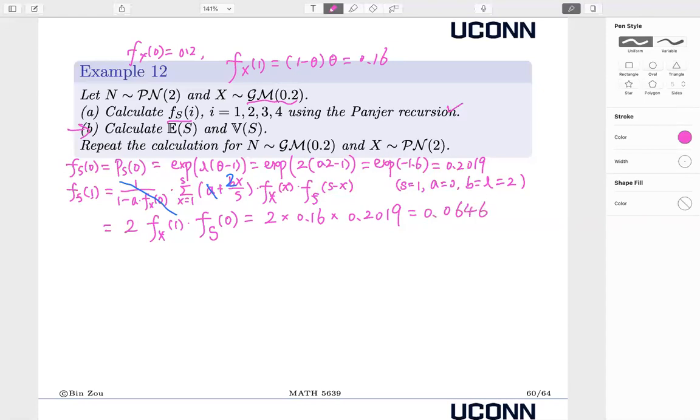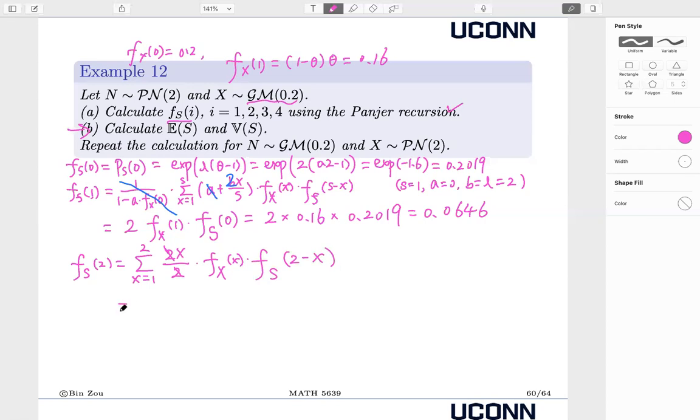Let's move on to do 2. Now I have the summation from 1 to 2. I have 2x divided by s. s now is 2, so it will be cancelled. So here is f_X(x) times f_S(2 minus x).